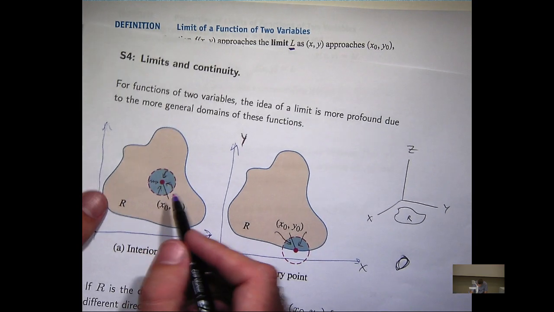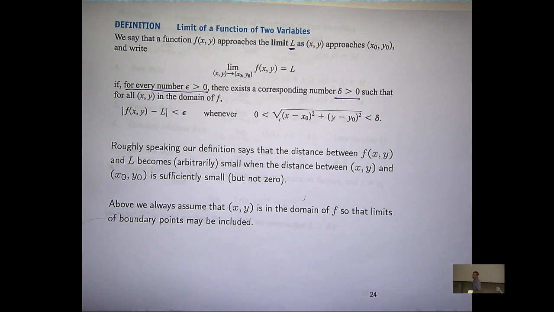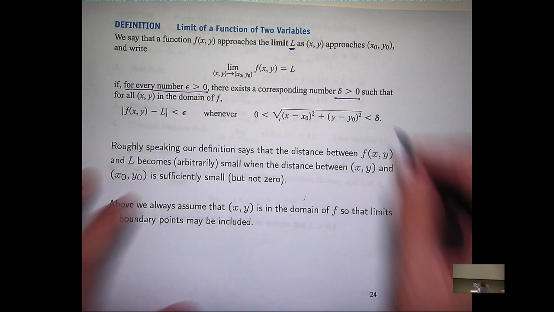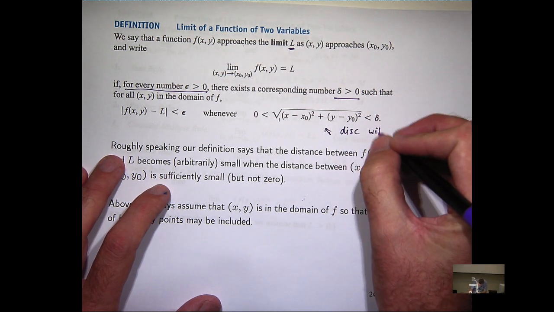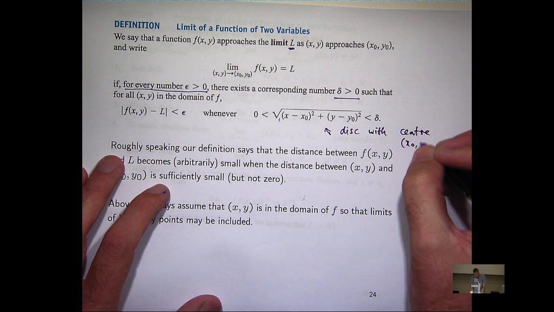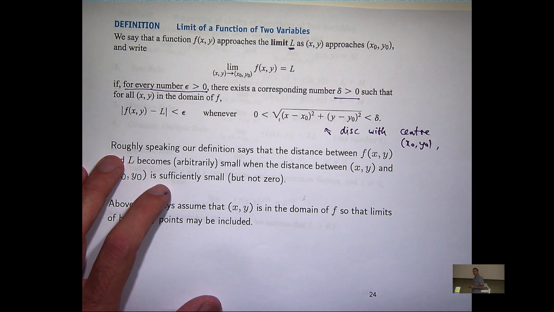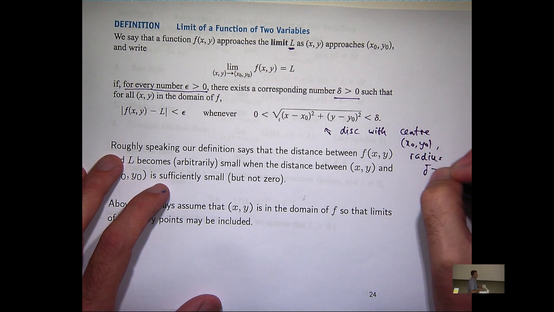Because we're working in two dimensions, how do you measure distance? It's no good using absolute values; we need to extend the idea of distance to two dimensions. So this is just a disk with centre (x0, y0) and radius delta.